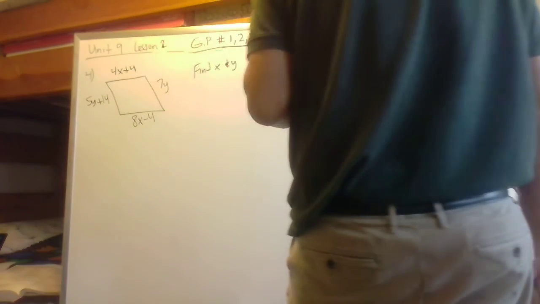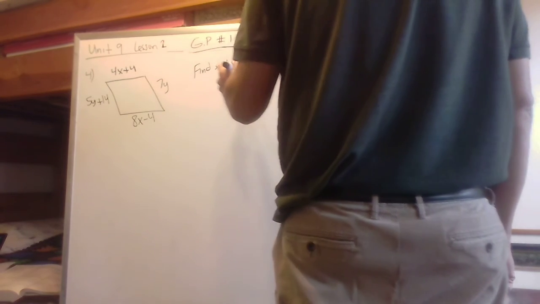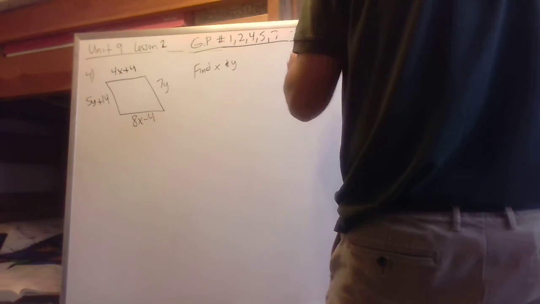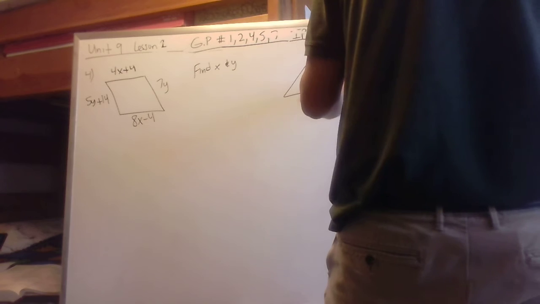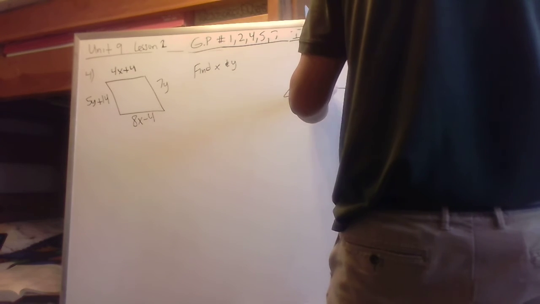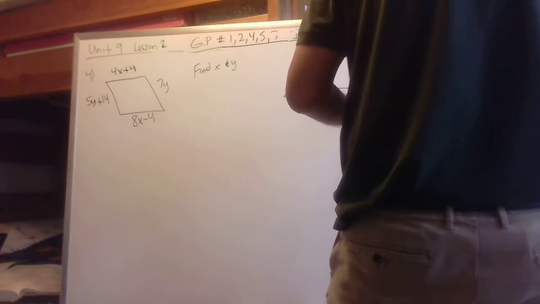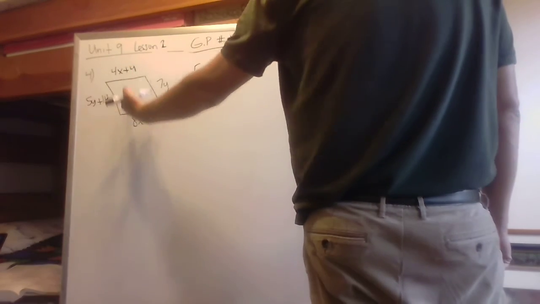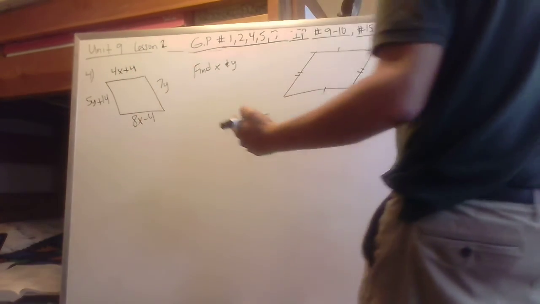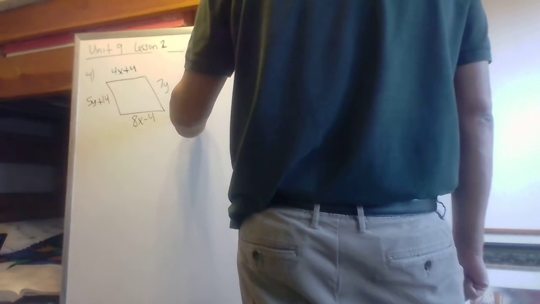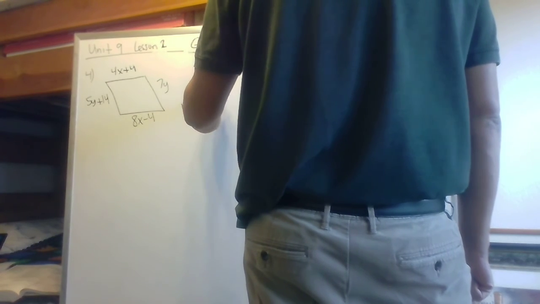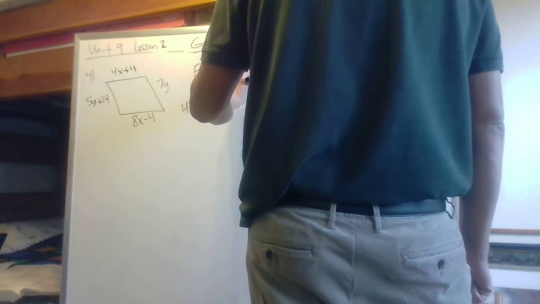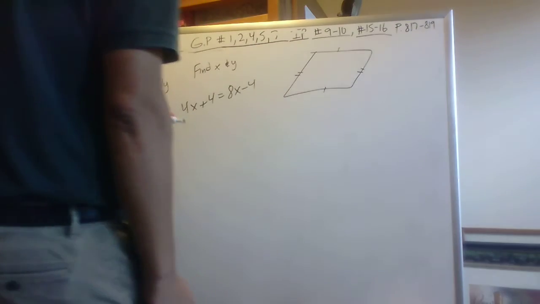So the property that we used in lesson 1, it's from page 813, and I just discussed, it says that the opposite sides of a parallelogram are congruent. So since we have 4x plus 4 and 8x minus 4, we can actually set them equal to each other and solve for x. So that's one of the equations that we're going to solve for.